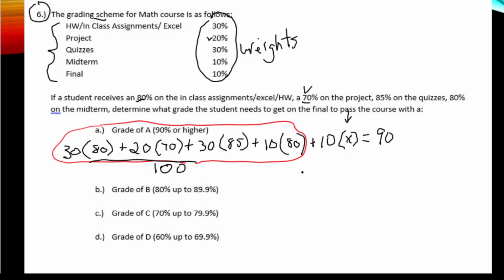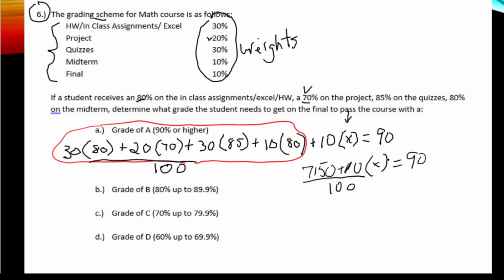When I multiplied and added everything together, I got 7150, plus still my 10 times I don't know what my final grade will be, equals 90, and this is all divided by 100.